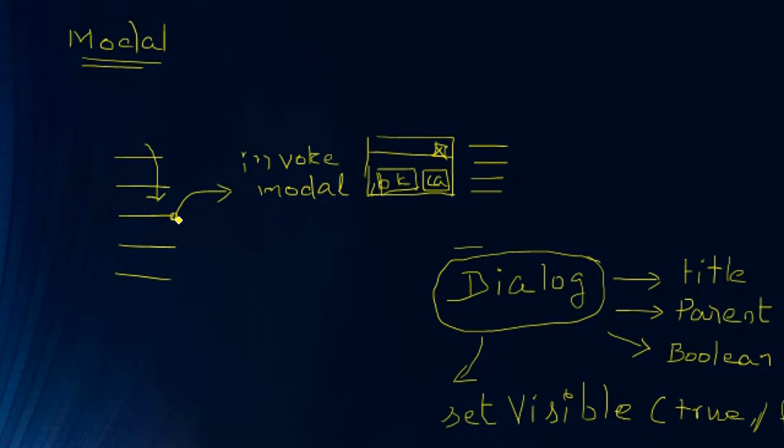When it is executing this code, the control moves here. The control flow stays here till the user clicks OK or Cancel. This means the remaining piece of code will be blocked.